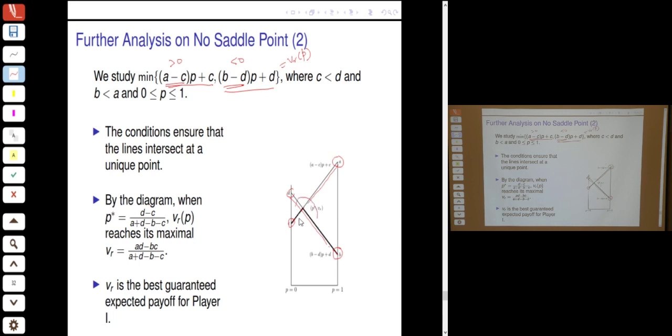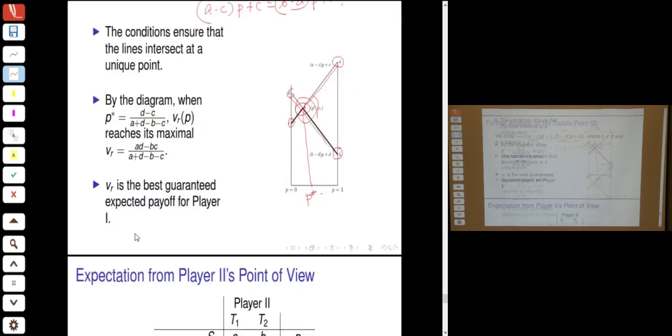So there must be a value of P, a P star, where they must intersect. And you can calculate this P star by simply setting A minus C times P plus C equal to B minus D times P plus D, right? This is exactly the intersection point.